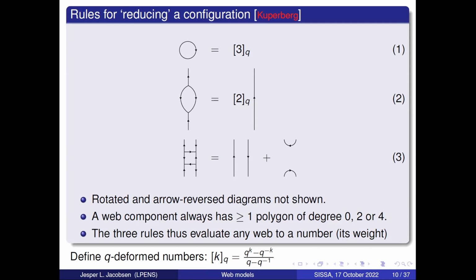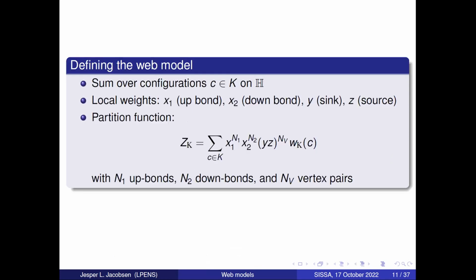Now, if you use the Euler identity, given that these graphs are bipartite, all the faces have even degree, and using the Euler identity, you can see that there must always be a face of degree 0, 2, or 4. So it means that any diagram can be reduced to a number. And that number is, of course, very non-local, but it's the weight of my diagram.